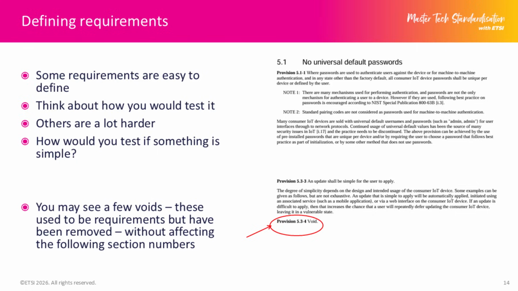So let's take this example. If we deleted section 5.3.4, then section 5.3.5 would have become 5.3.4. And it would have been a different requirement to the original 5.3.4. So we just make them void.